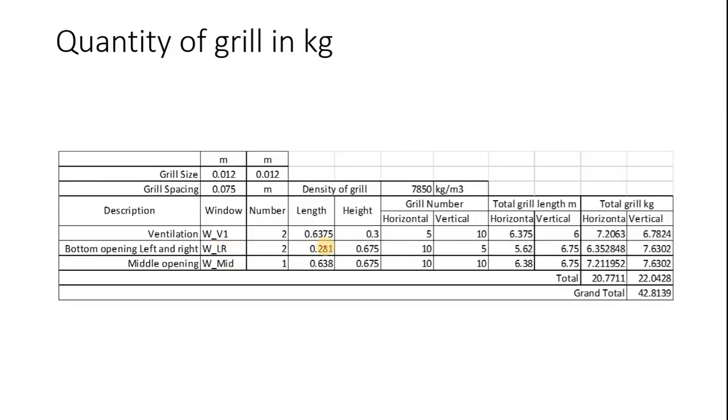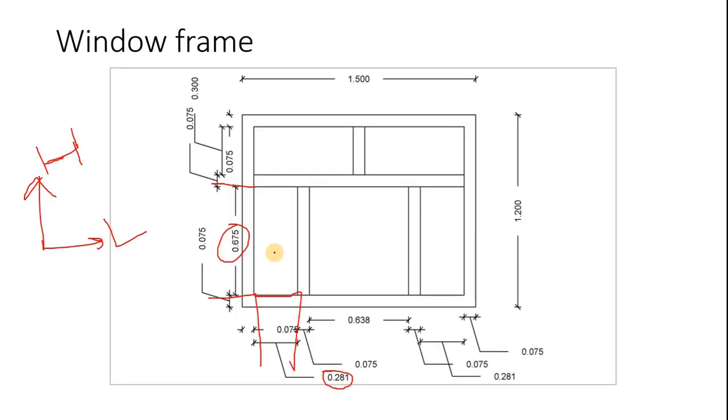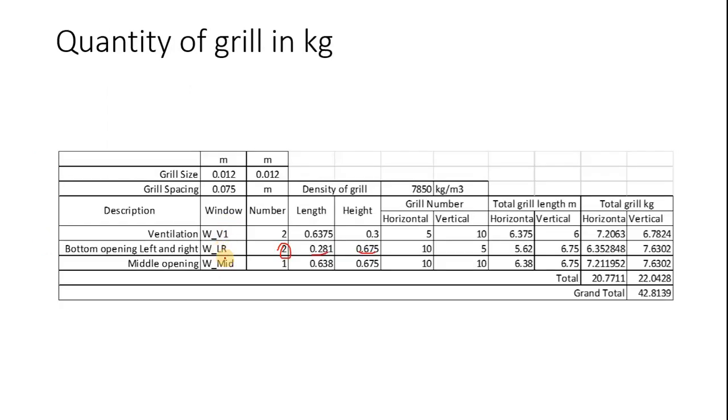So left and right portion is 0.281 by 0.675 and it is 2 in number. Similarly the middle portion is 0.638 along length and 0.675 along height.